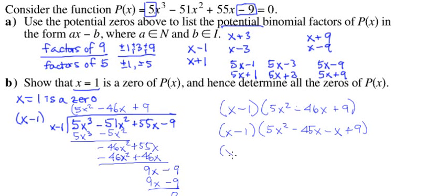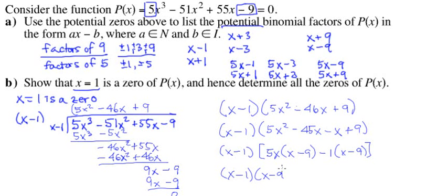But if I were factoring this, I would split it up this way. And then from the first two terms, you take out 5x. And from the second two terms, you take out negative 1. And now we have x minus 1, x minus 9, 5x minus 1. So there it is factored.